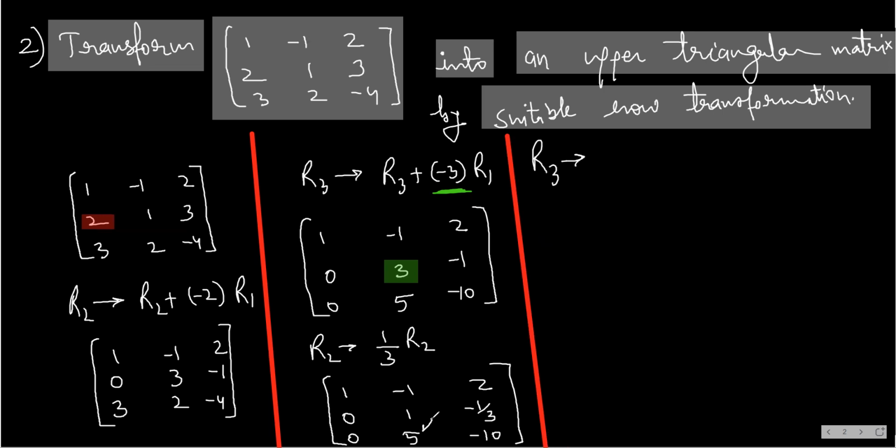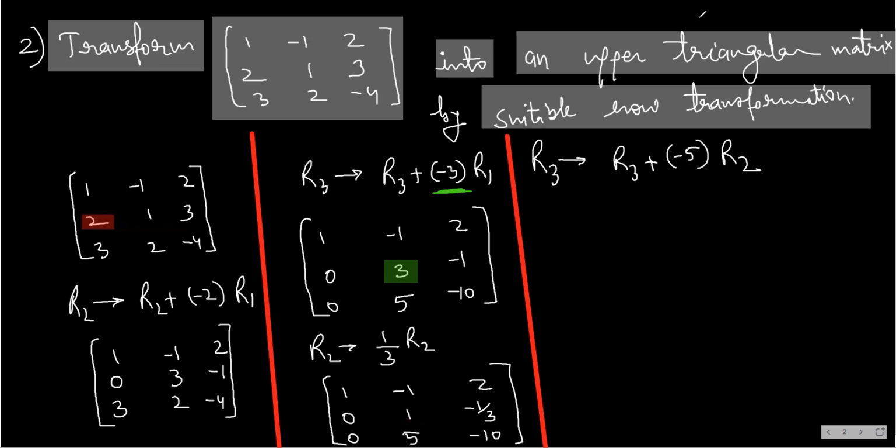Because this is in R3. R3 changes to R3 plus minus 5 times R2. See, what am I planning? I will multiply minus 5, so this will become minus 5 and then add it. I hope you all are following what I'm saying.